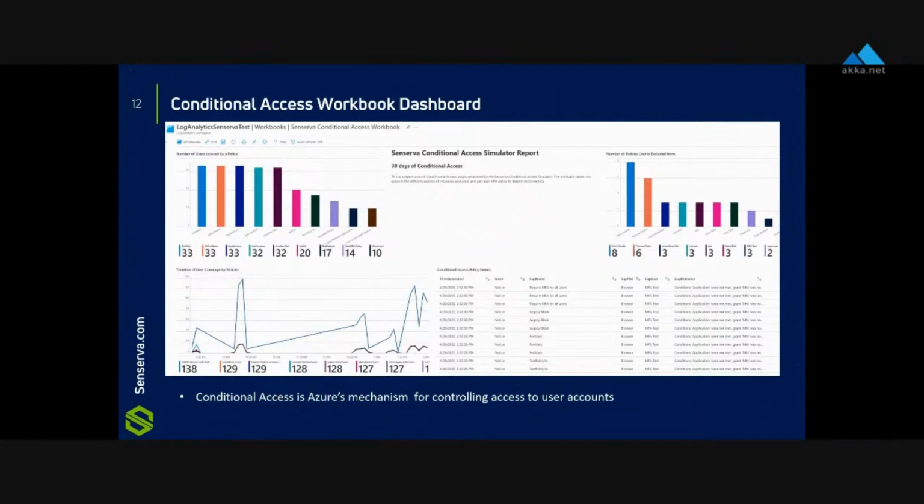So you can see specifically what the user coverage is around all your policies, how they've changed over time. You can see events that occur, and probably a good metric for showing where your critical users are is who is excluded from your policies, and how many policies they're excluded from. So you know exactly how many high-risk users you have.